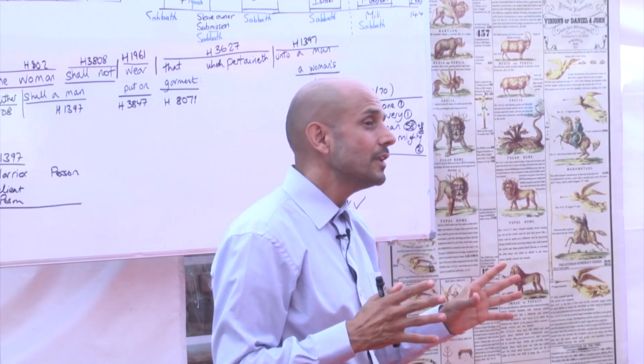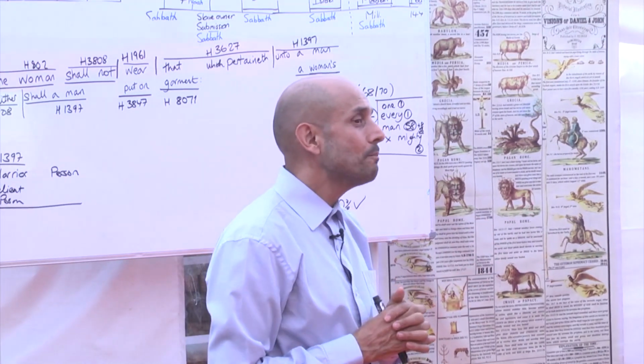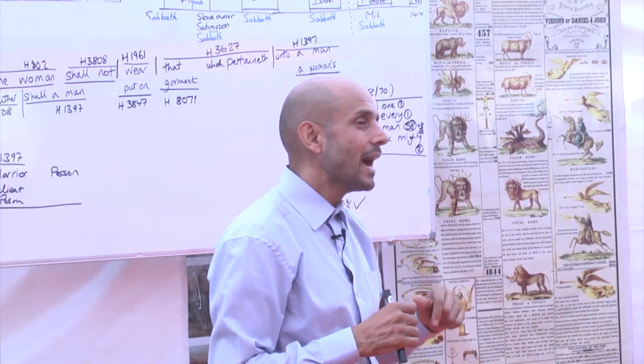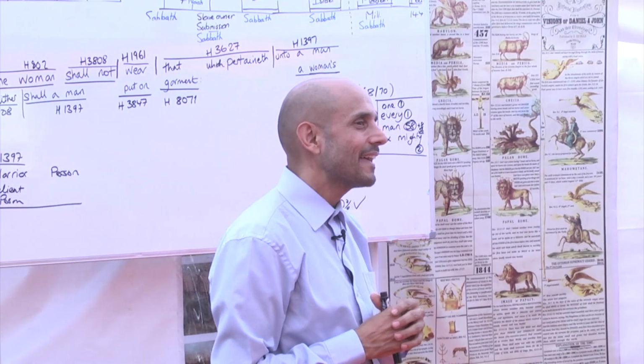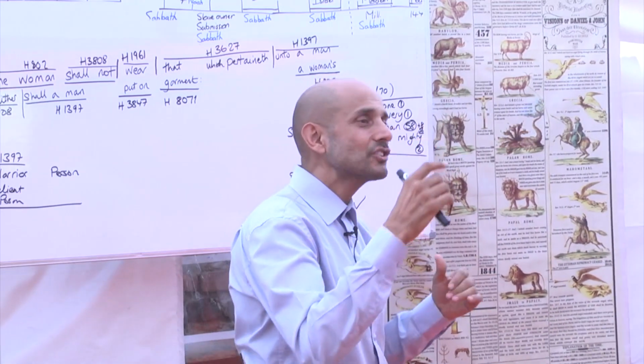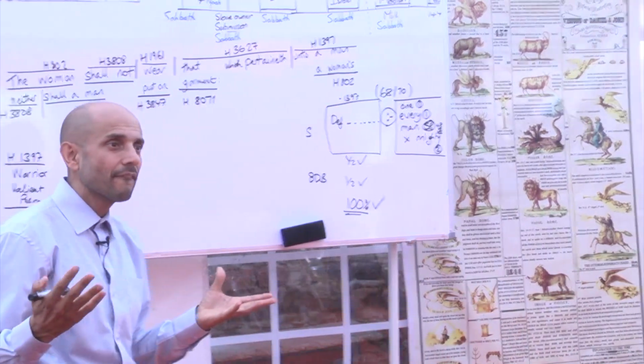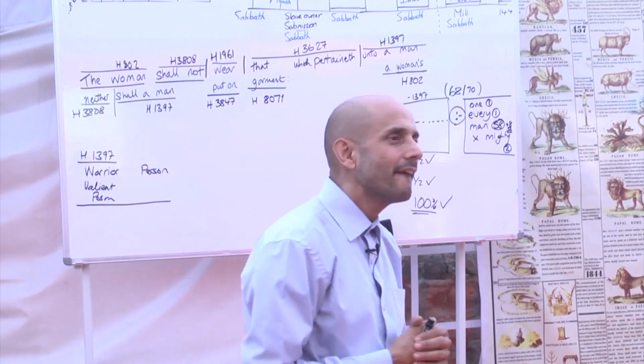A strong person. We know more than person. It's a noun. What kind of noun is it? Masculine. So you can't say person, because person is non-gender. So start again.